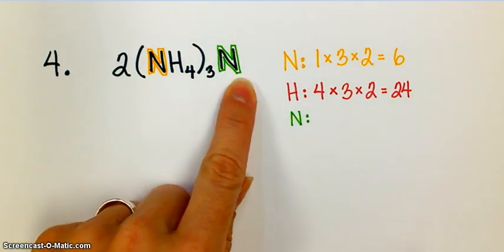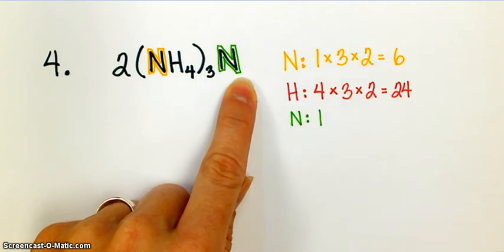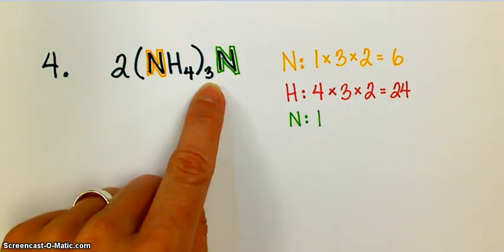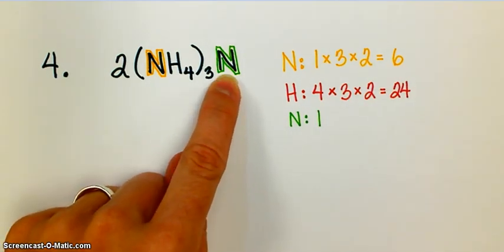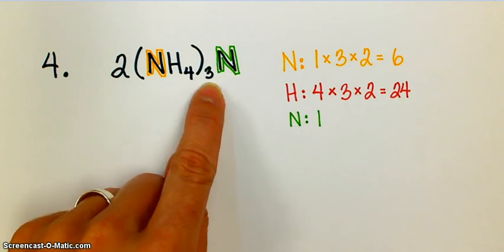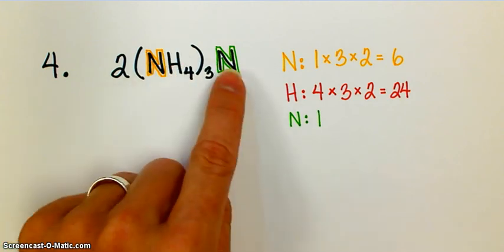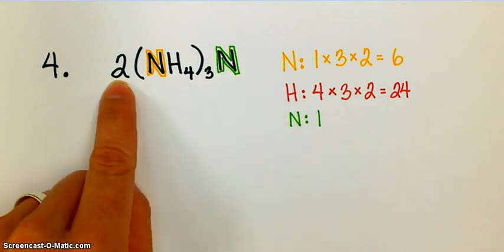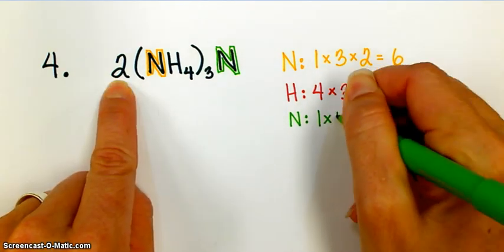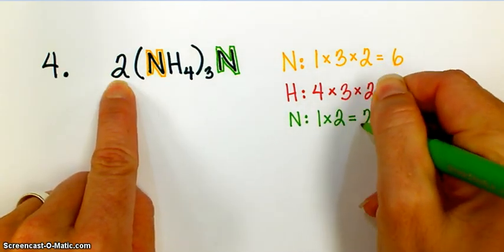There's nothing there, so it's understood that it's 1. Does this 3 apply to the green nitrogen? No. The 3 applies to the parentheses. So this is just going to be 1 times a coefficient of 2. So that's 2.